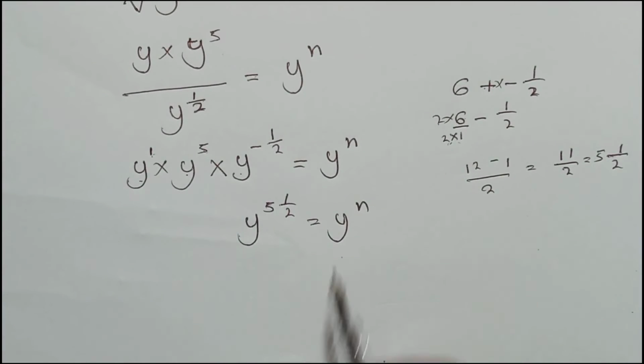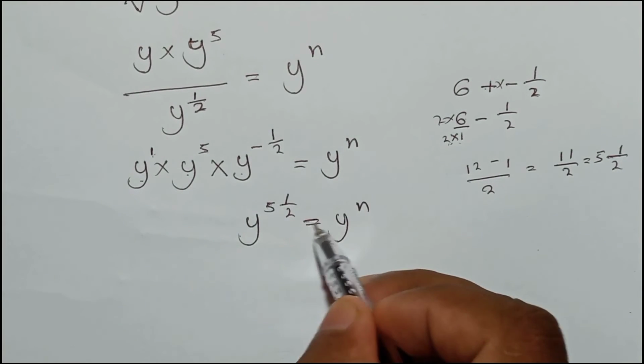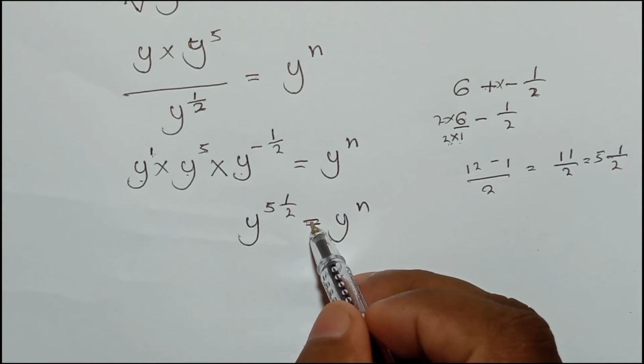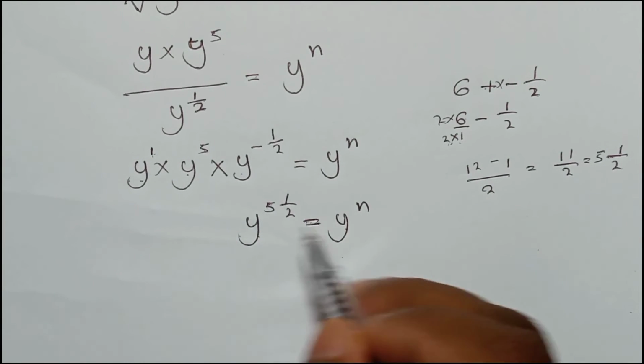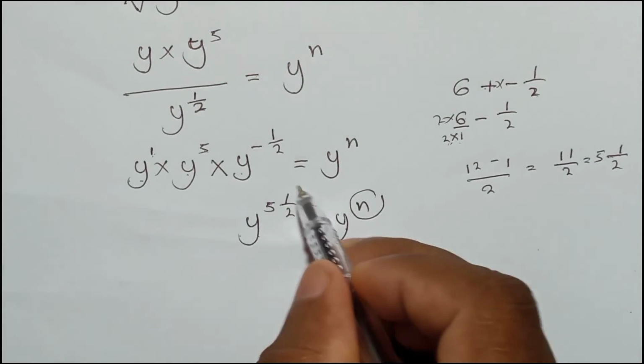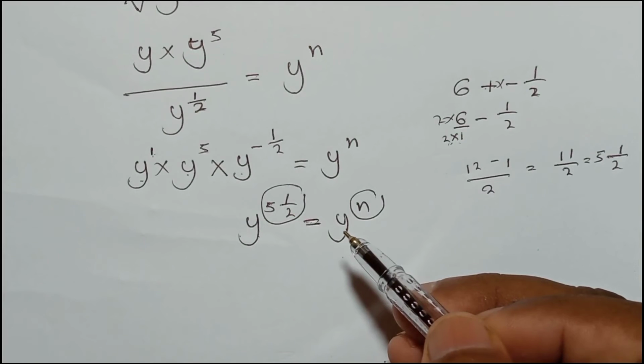Okay, now when you have this type of situation, you have an equal sign, and here the same base y, it means definitely this must be equal to this. Try to understand this situation, right?